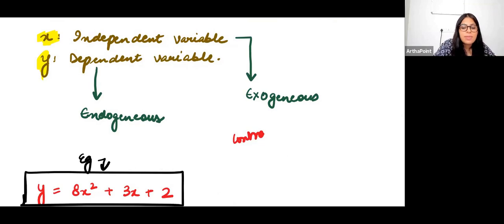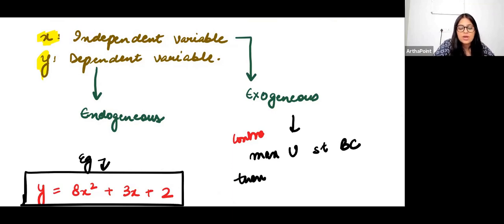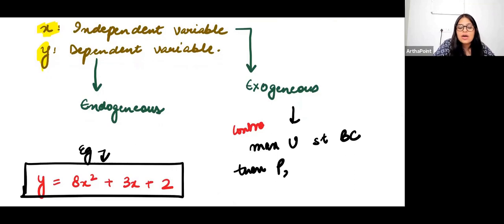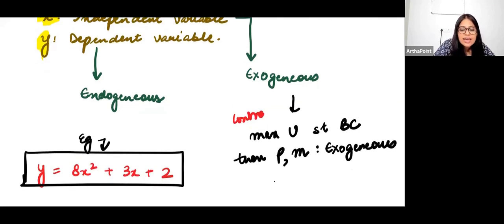So if I talk about maximizing utility subject to budget constraint, then price and income are exogenous. But x and y, how much of good x you will consume and how much of good y you will consume, that is endogenous.